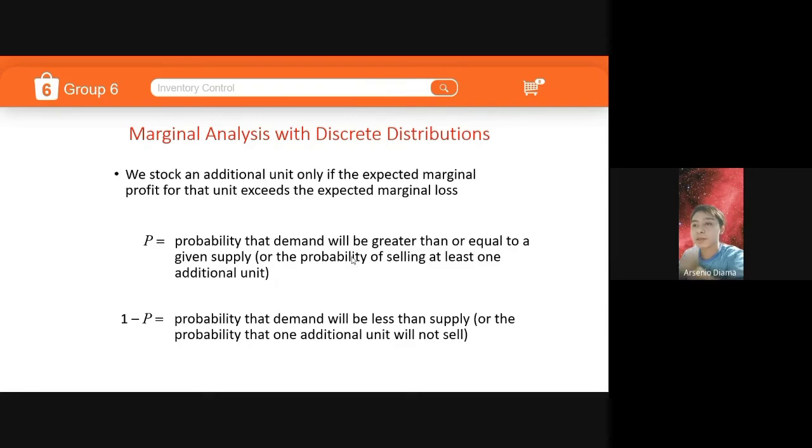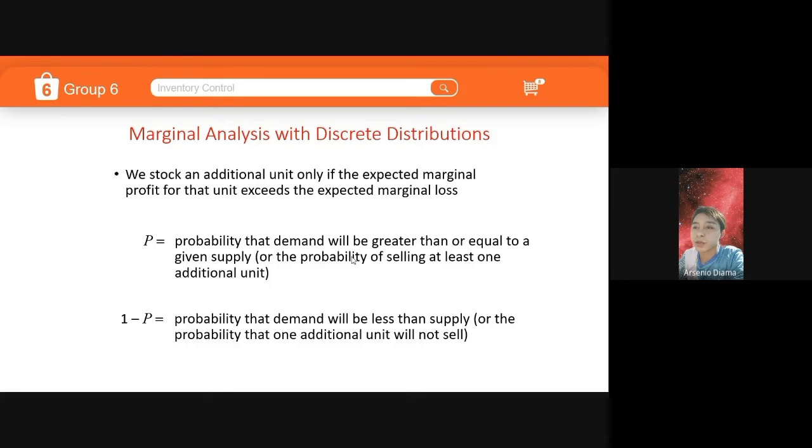So in single period inventory model, there are two approaches that we're going to learn: marginal analysis with discrete distributions and marginal analysis with a normal distribution. First is the marginal analysis with discrete distributions. We stock an additional unit only if the expected marginal profit for that unit exceeds the expected marginal loss.